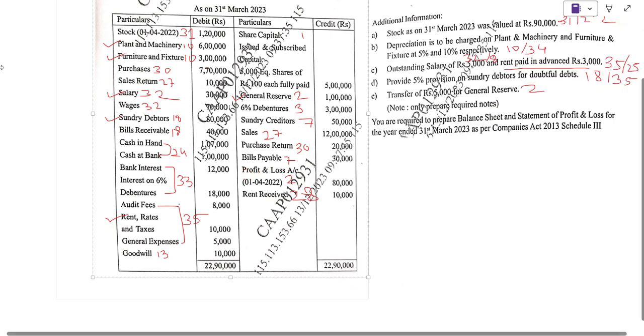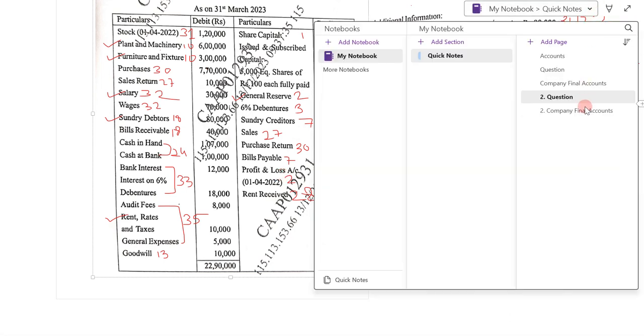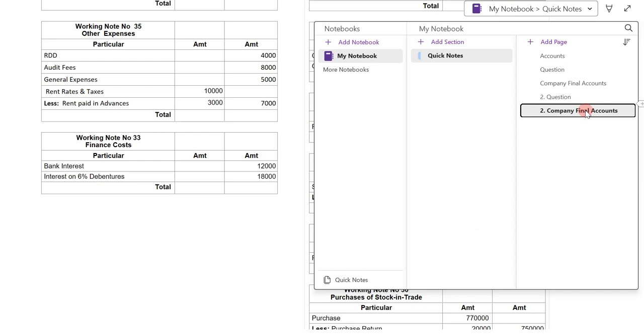So now all the entries along with the second effect we have passed in the particular working notes. So now we will close these working notes.